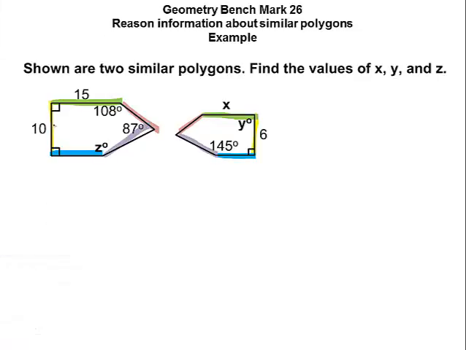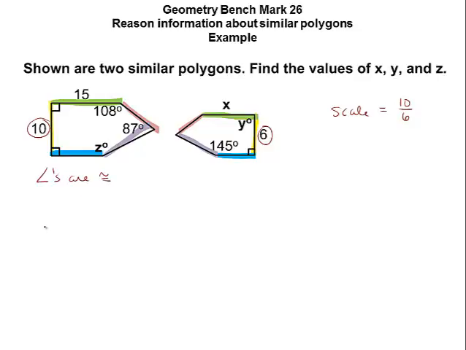So then when I figure out the values, I know that 10 and 6 are corresponding, so that can give me my scale factor. So my scale factor is 10 over 6. Now y and z are angles, and remember angles are congruent.